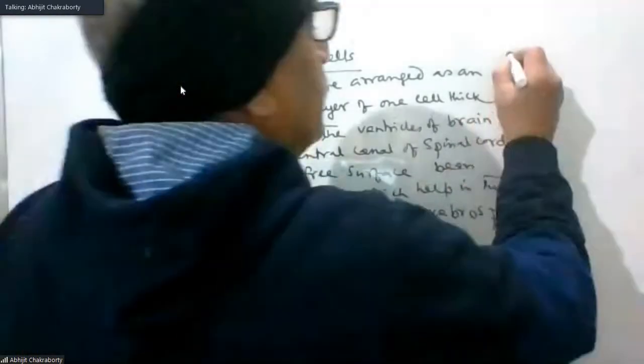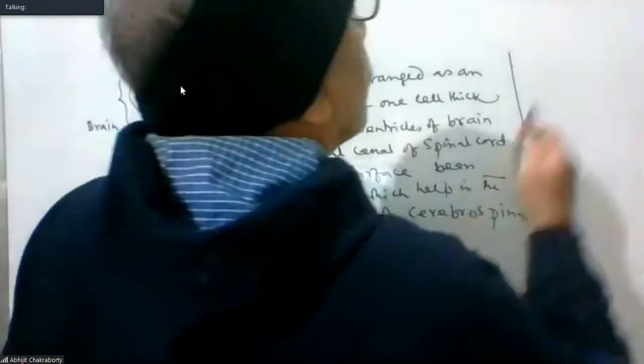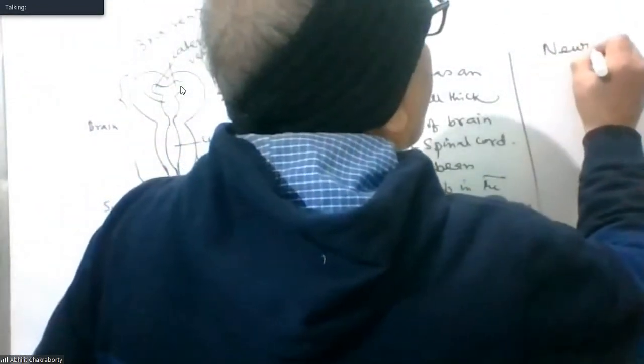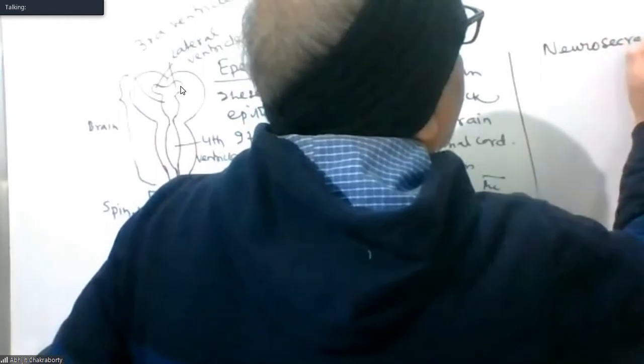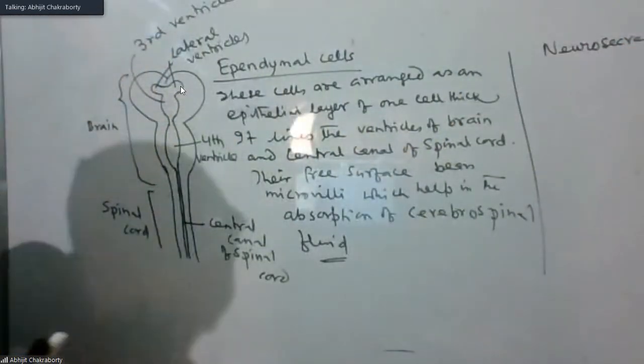Now the next one is neurosecretory cells.